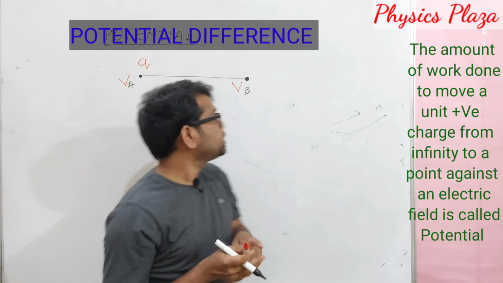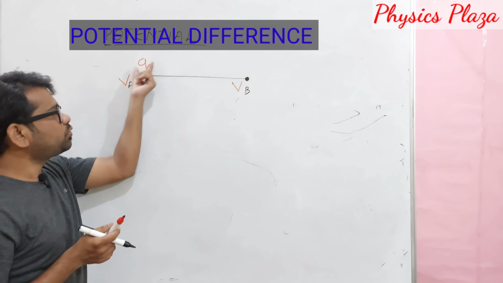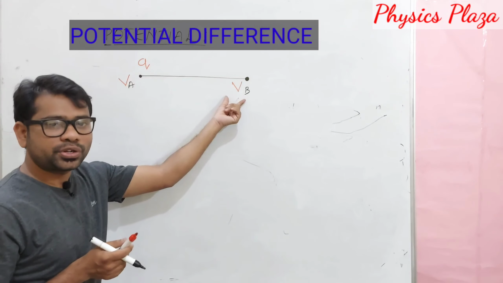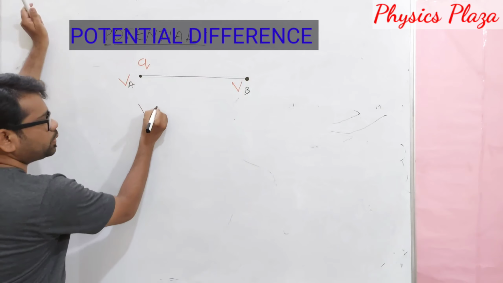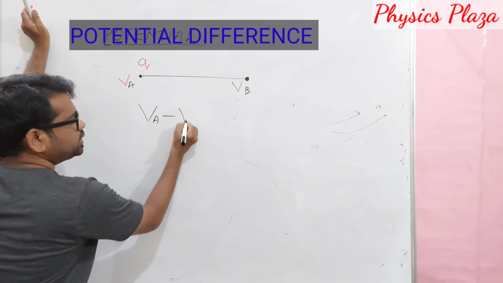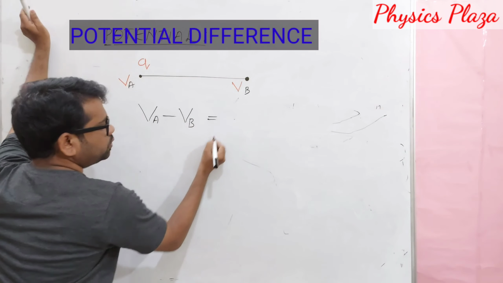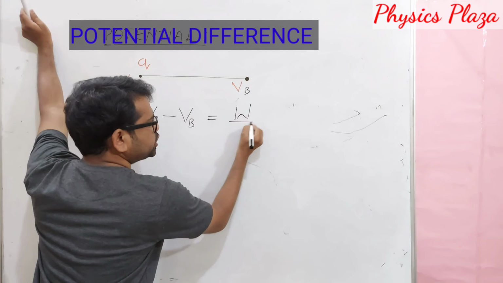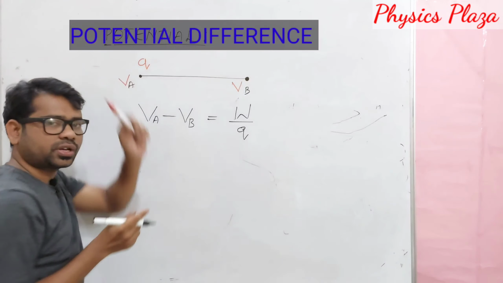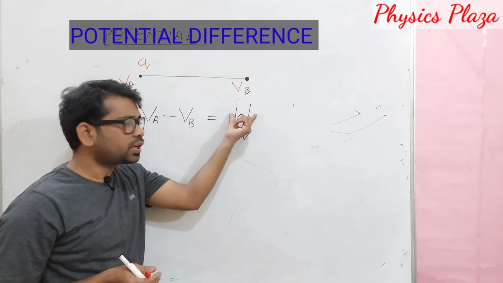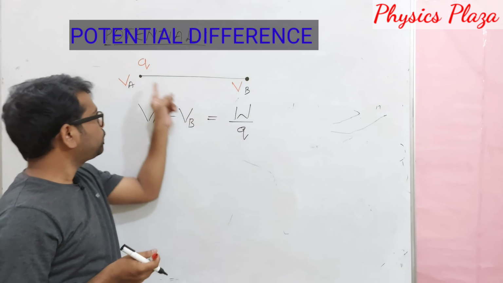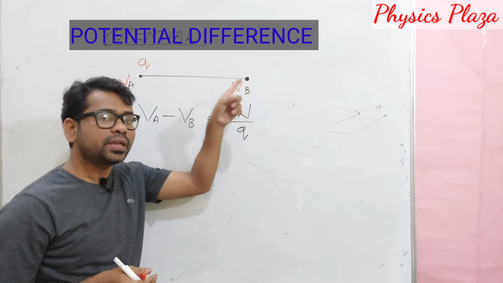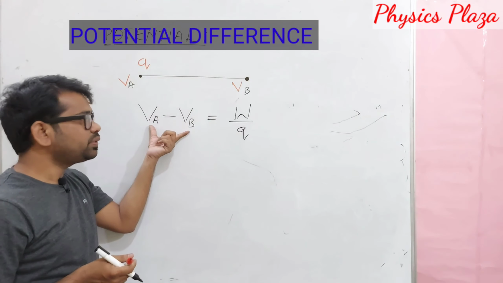As you know, the charge always moves from higher potential to lower potential. Then the potential difference VA minus VB is equal to the work done by charge. So the amount of work done to move a charge from one point to another is called the potential difference between those two points.